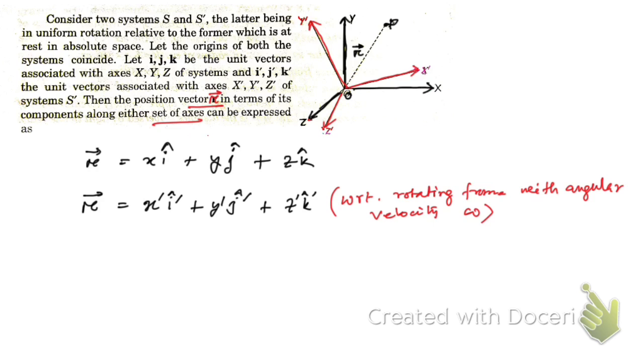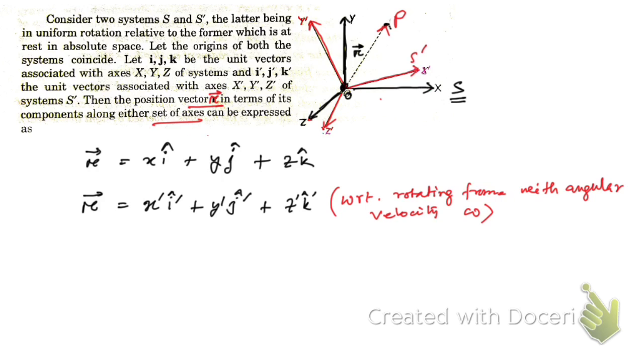Now let us consider an observer. I have named the system which is at rest as S, and the rotating system, this red one, as S dash. This point is P. An observer in the system S, situated at the origin O, will observe the time derivative of r.